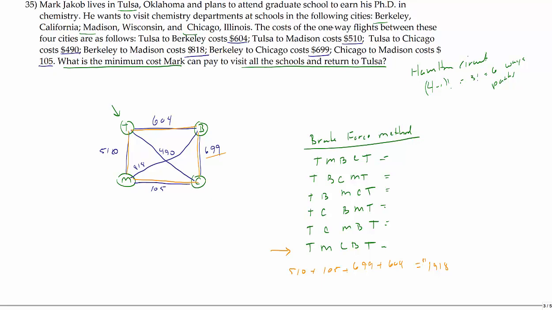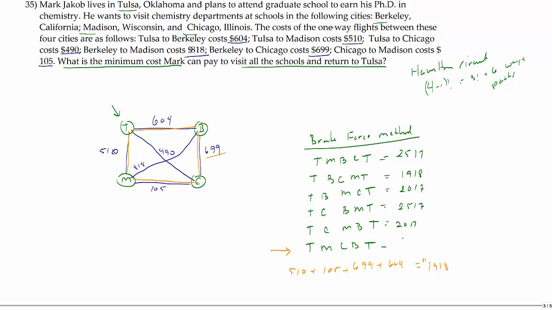Okay, so I went ahead and I worked that out already. So this first one is going to be $25.17. And I get $19.18. Then I have $20.17. I got $25.17 and $20.17.